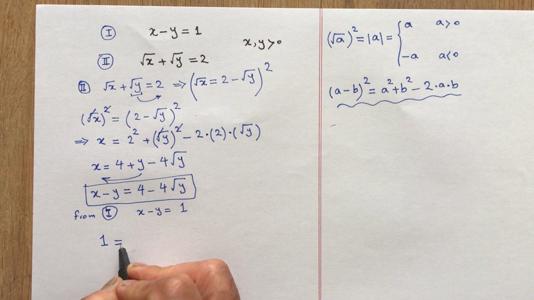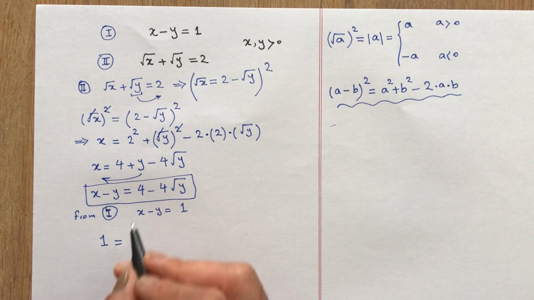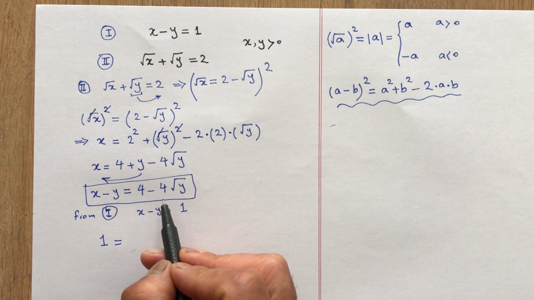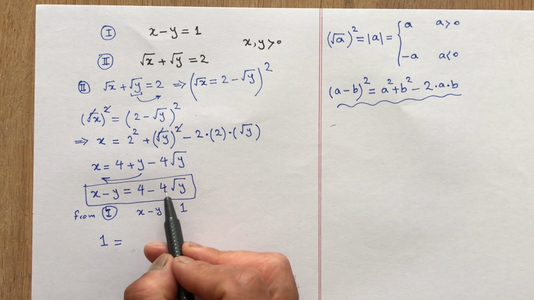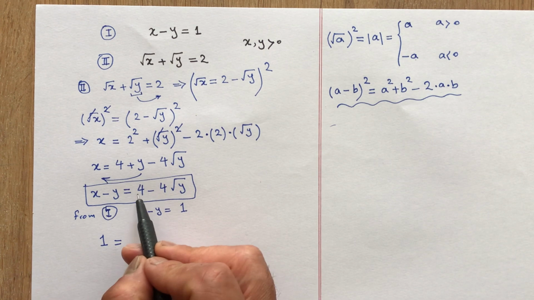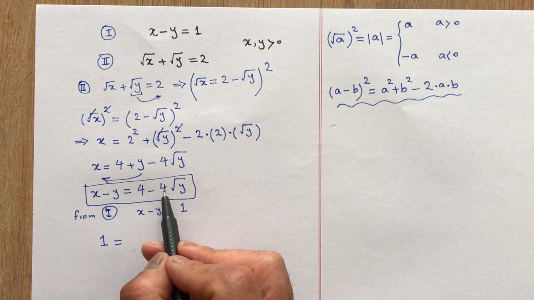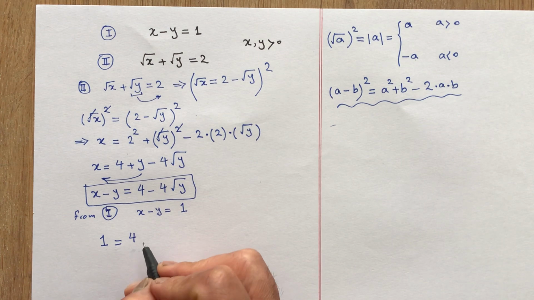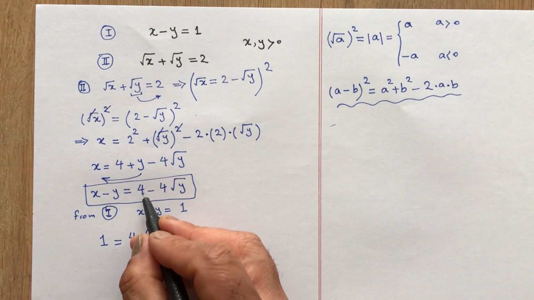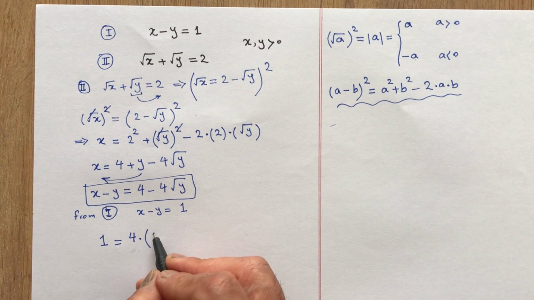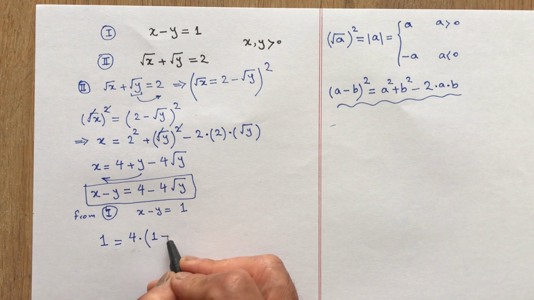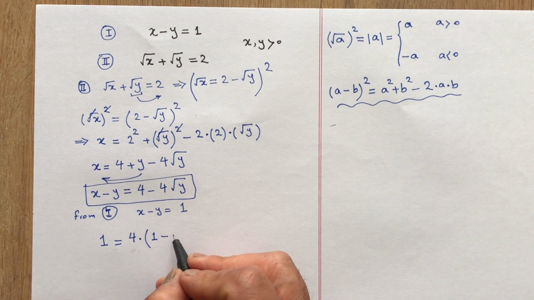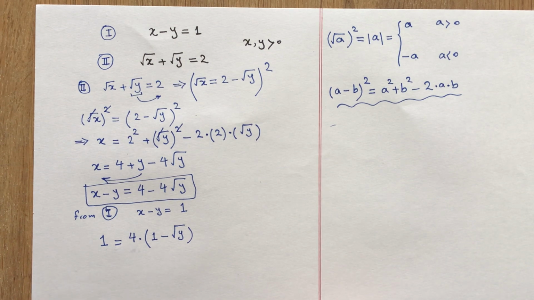So 1 equals, and in the right side, we can factor out 4 because both terms have the same number 4. So we factor out 4, from the first one remains just 1 minus, and the second one only the square root of y.